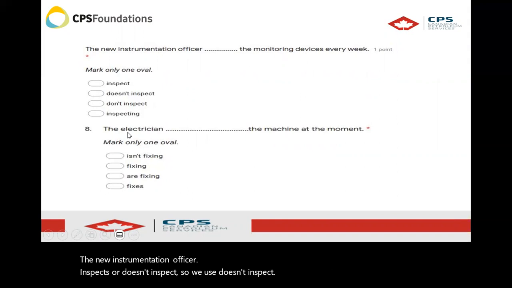Number 8, the electrician, space, the machine at the moment. The electrician is or isn't fixing the machine at the moment. This is happening now in the present continuous tense.